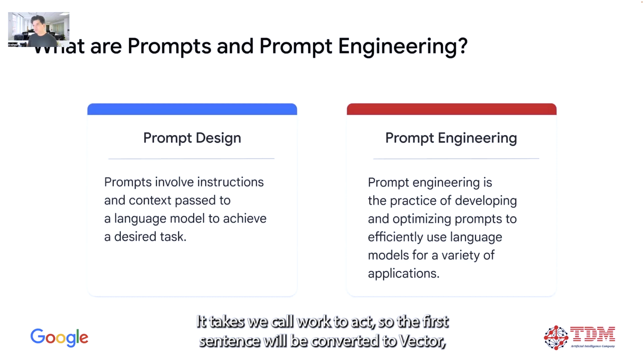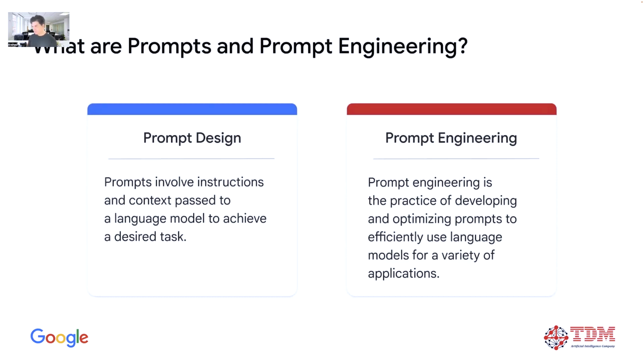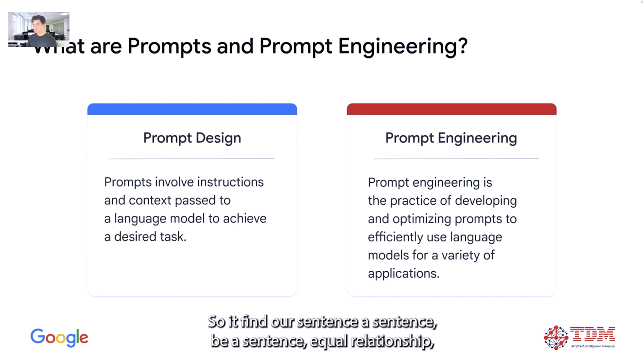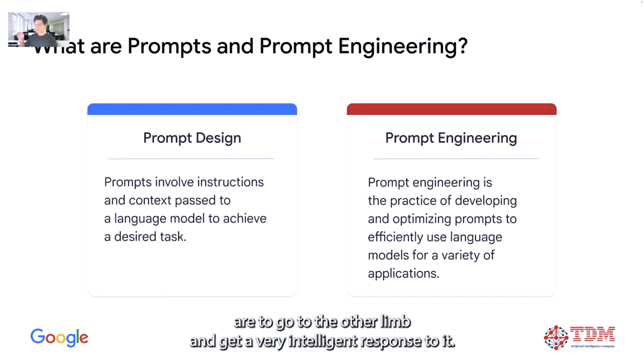It takes what we call word to vector. So the first sentence will be converted to a vector, and if you give a sequence of sentences, it falls into word embedding. So it finds out the correlation between sentence A, sentence B, sentence C and makes a semantic understanding of what those correlations are, to go to the LLM and get a very intelligent response.